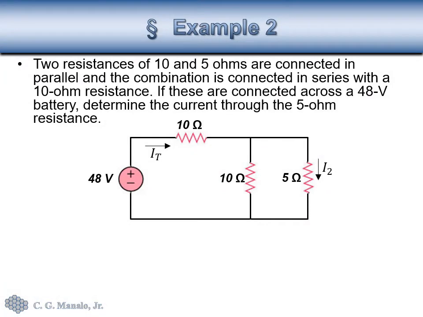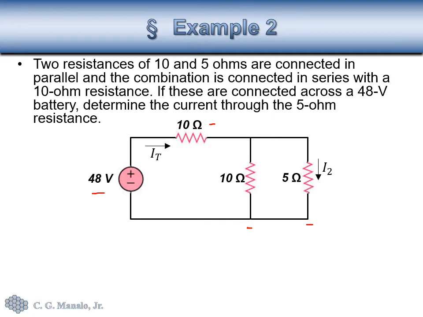In this example, we have two resistors in parallel, 10 and 5 ohms, and the parallel combination is in series with 10 ohms. And the whole thing is connected to a 48 volts supply.